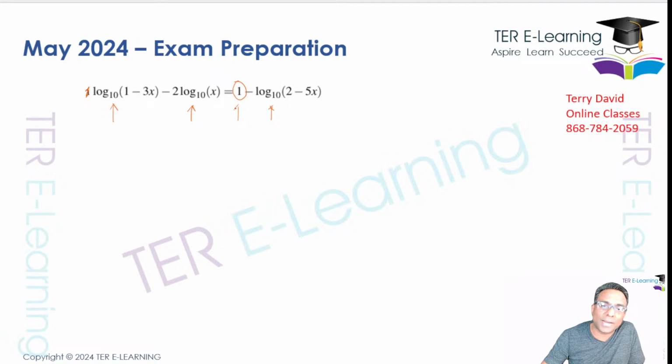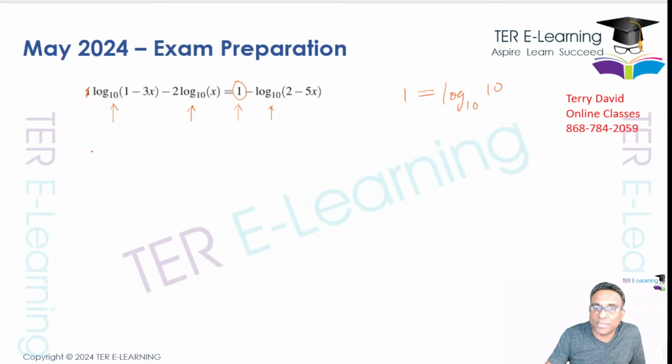What I need to do is replace this as log to base 10 of something. So 1 is actually equivalent to log to base 10 of 10. So I'm going to replace that 1 as log to base 10 of 10.